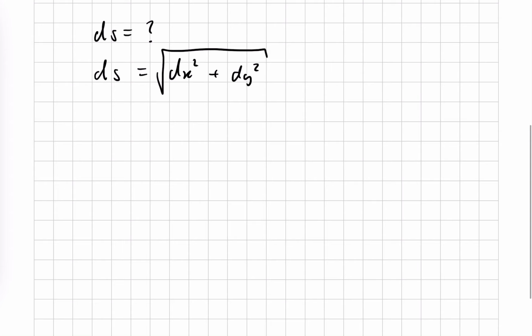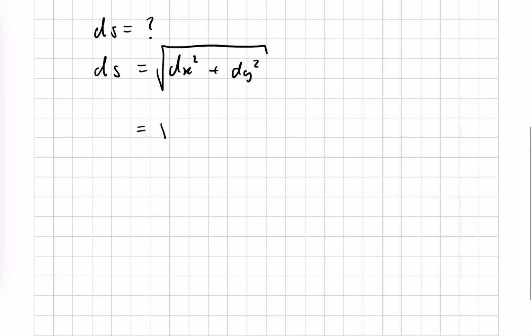Okay, but we want to change this a little bit to make it nicer. So we factor out dx squared. That means we have 1 plus dy squared over dx squared, in brackets, times dx squared.